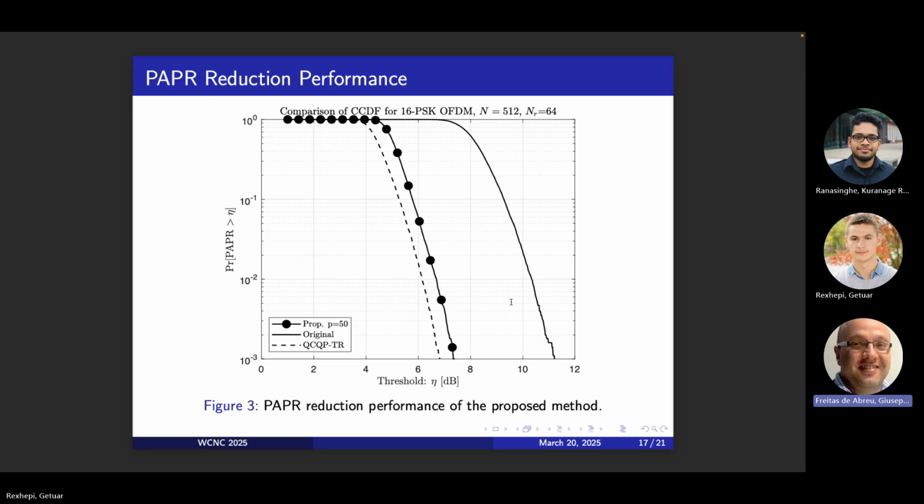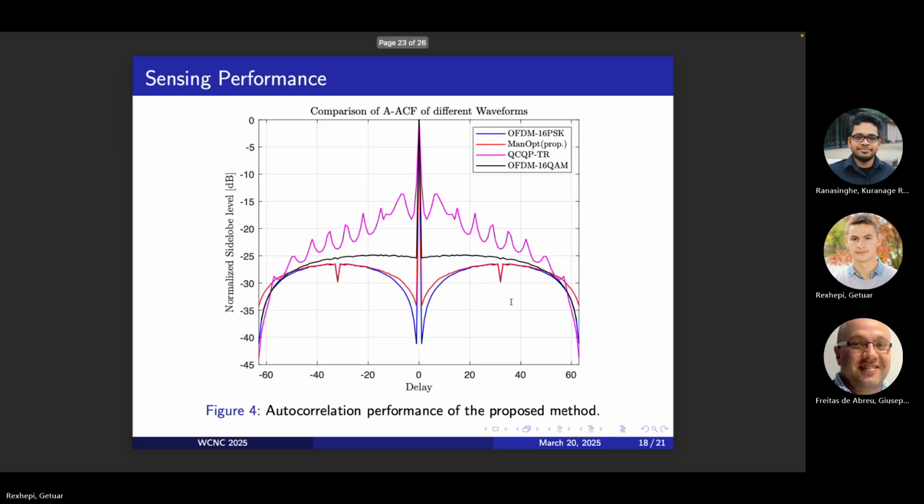But now I have a follow-up question, which also might be in the end a suggestion, which is, if you go to the ambiguity function, now you see, look at what's going on in your manifold optimization scheme. You get a side lobe behavior that, in a sense, is even better than the OFDM 16 QAM, because you go below that. But we know that going below the black line is useless, right?